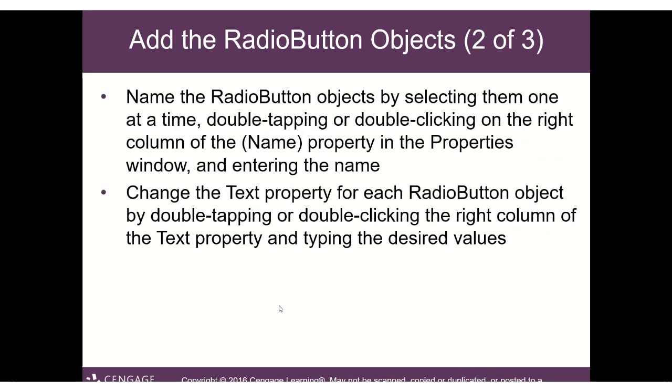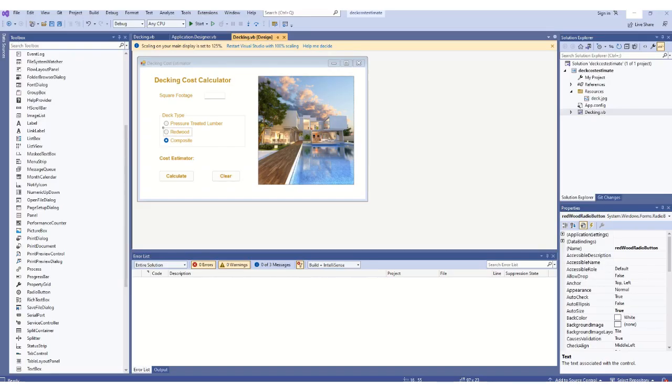Then you have to format those radio buttons. I already illustrated that in the lab and also briefly mentioned it here. You basically fine tune the format, the text, everything there.